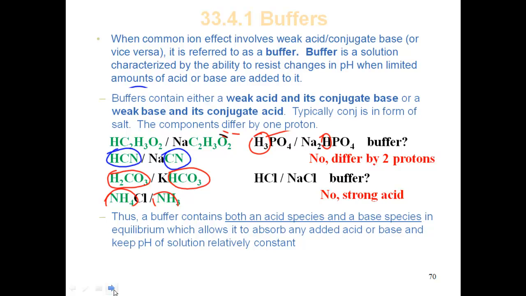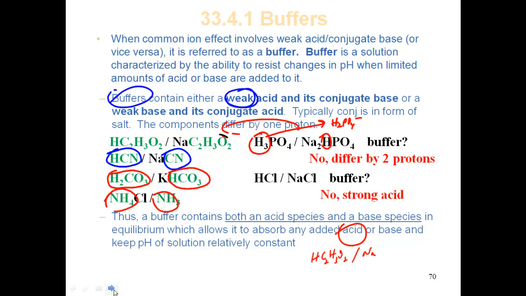Thus, a buffer contains both an acid species and a base species in an equilibrium, which allows it to absorb any added acid or base and keep the pH of the solution relatively constant. So how a buffer works is, say I have acetic acid and a sodium acetate buffer.